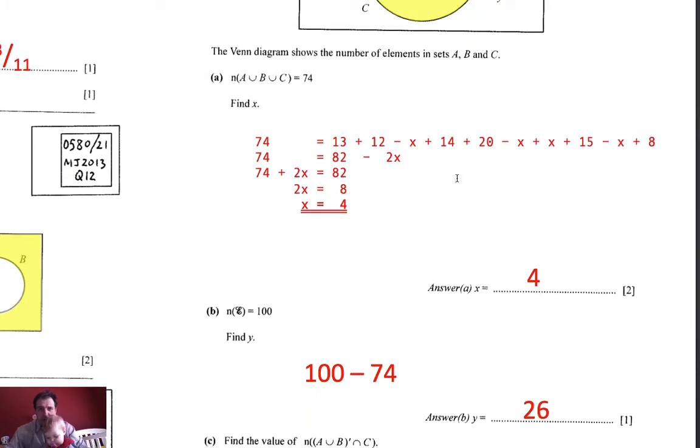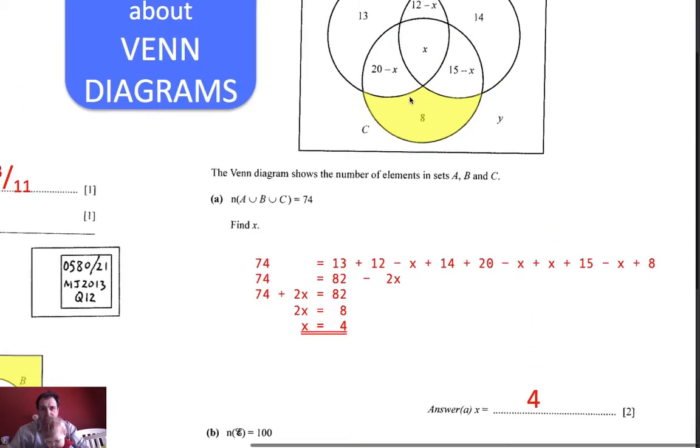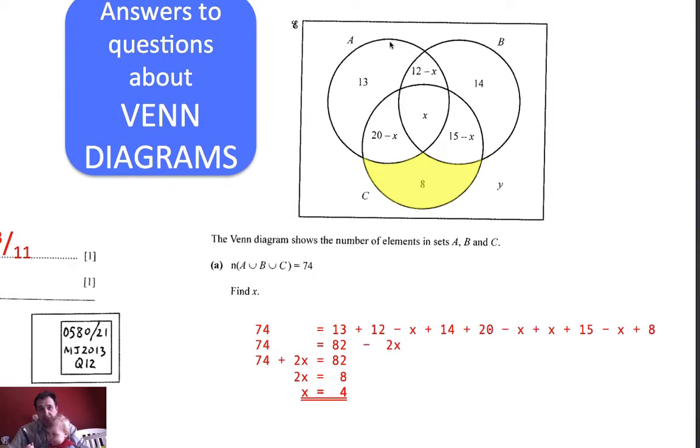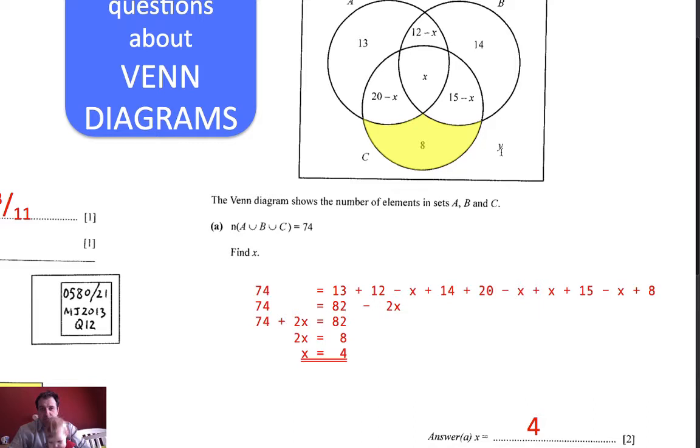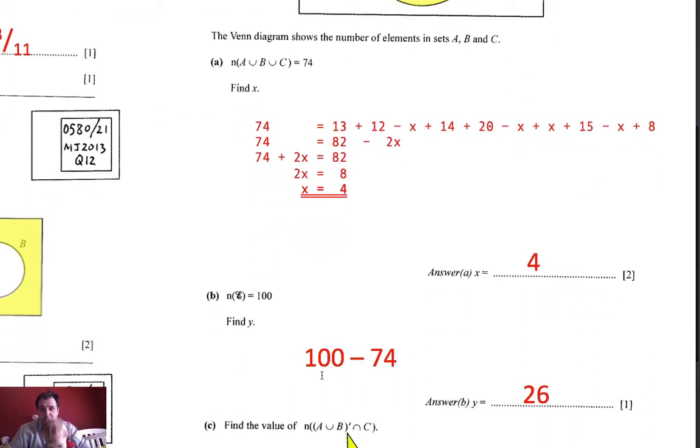They told us that everything in A, B, and C adds up to 74. And then they're telling us that everything in the whole universal set, the universe of this problem, adds up to 100. So that means that the bit on the outside that's not in A or B or C must be 100 minus 74, and that's 26.